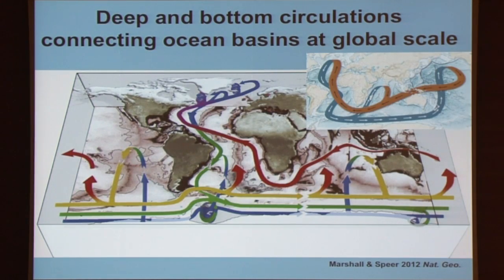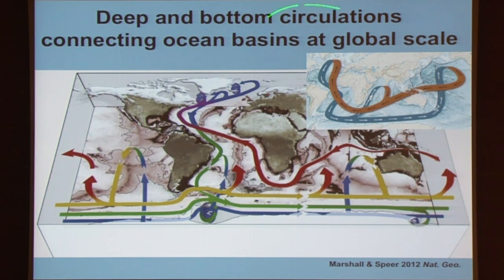And this wind-driven gyre circulation is superimposed on a deep sea circulation that is also organized at a global scale, and this is represented here. This is the cartoon. This is not a caricature, but this is a too highly simplified view of this large-scale meridional overturning circulation at the global scale.